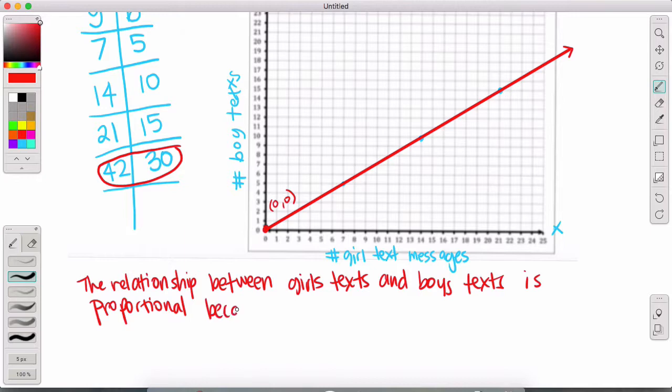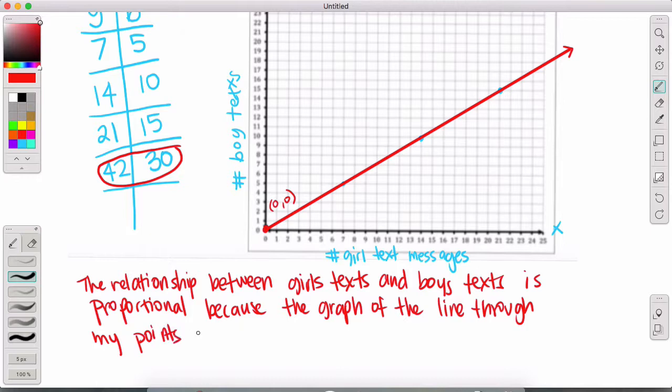because the graph of the line through my points or solutions is a straight line through the origin.